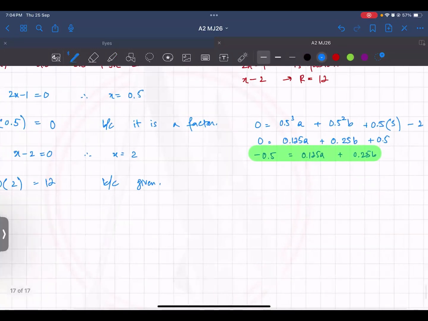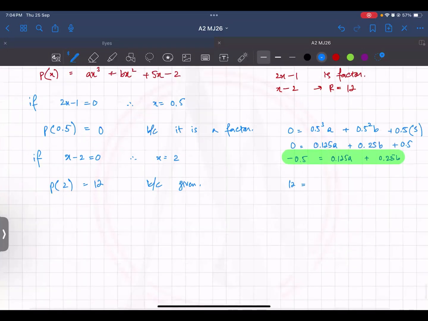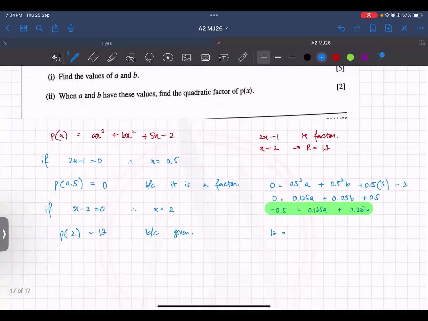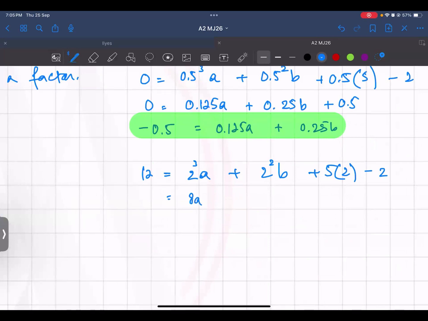Now you will use p(2) is equal to 12. If your x is 2, so 2 cube a plus 2 square b plus 5 times 2 minus 2. So this would become 8a plus 4b plus 10 minus 2 equals 12. So 12 minus 10 plus 2, so 4. 8a plus 4b equals 4.